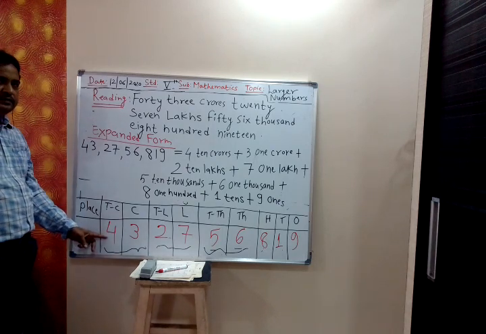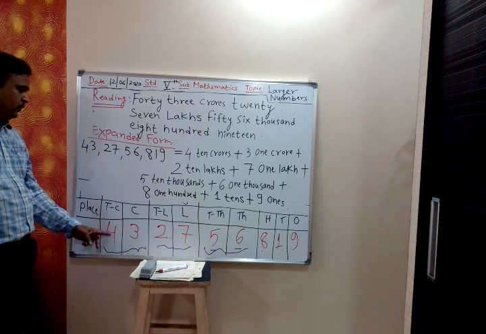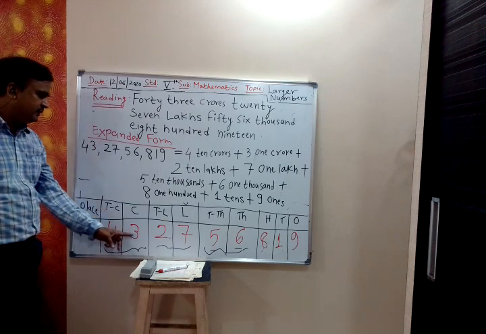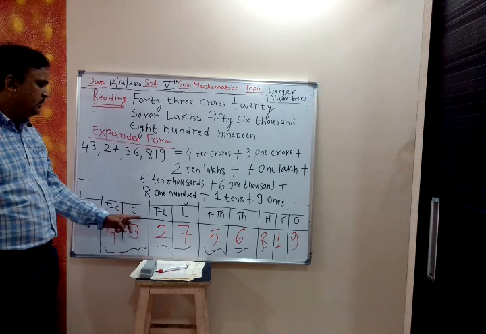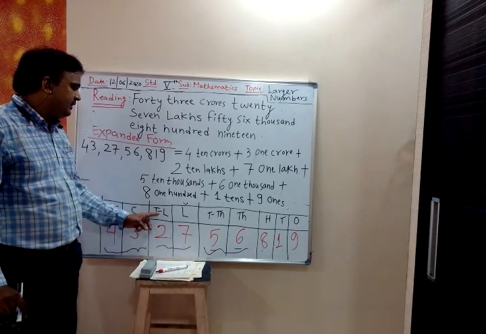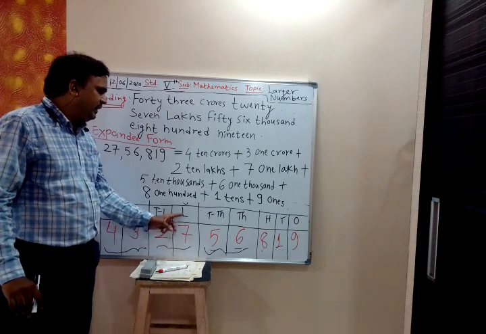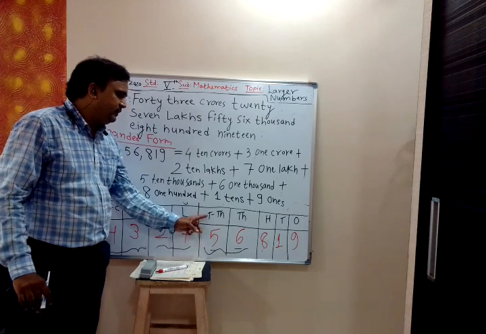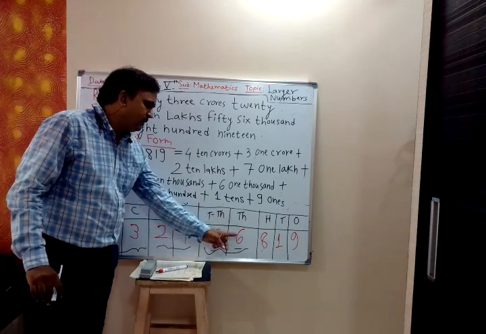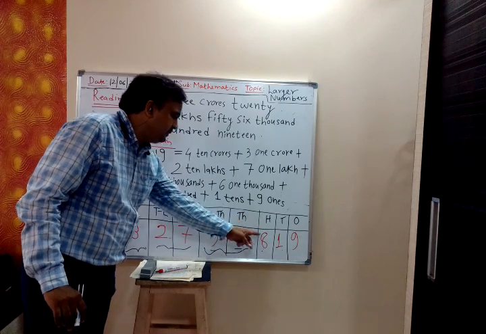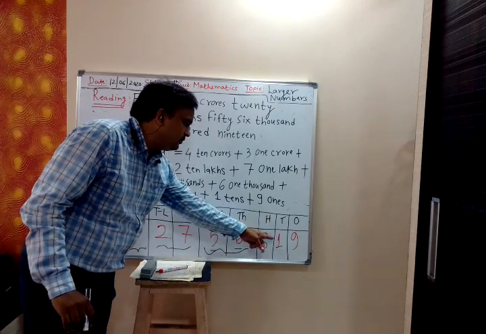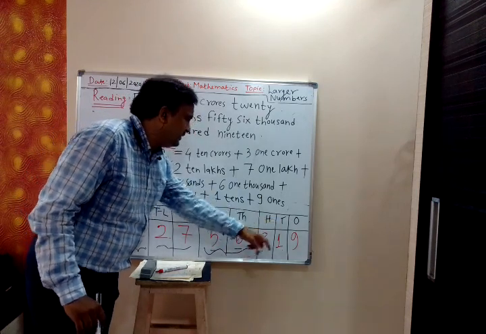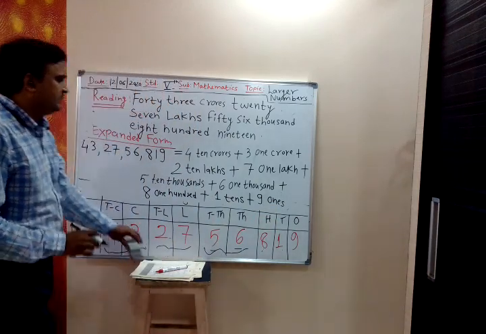We are writing the expanded form. So 4 ten crores plus 3 one crore plus 2 ten lakhs plus 7 one lakh plus 5 ten thousand plus 6 one thousand plus 8 hundred plus 1 tenths plus 9 ones.